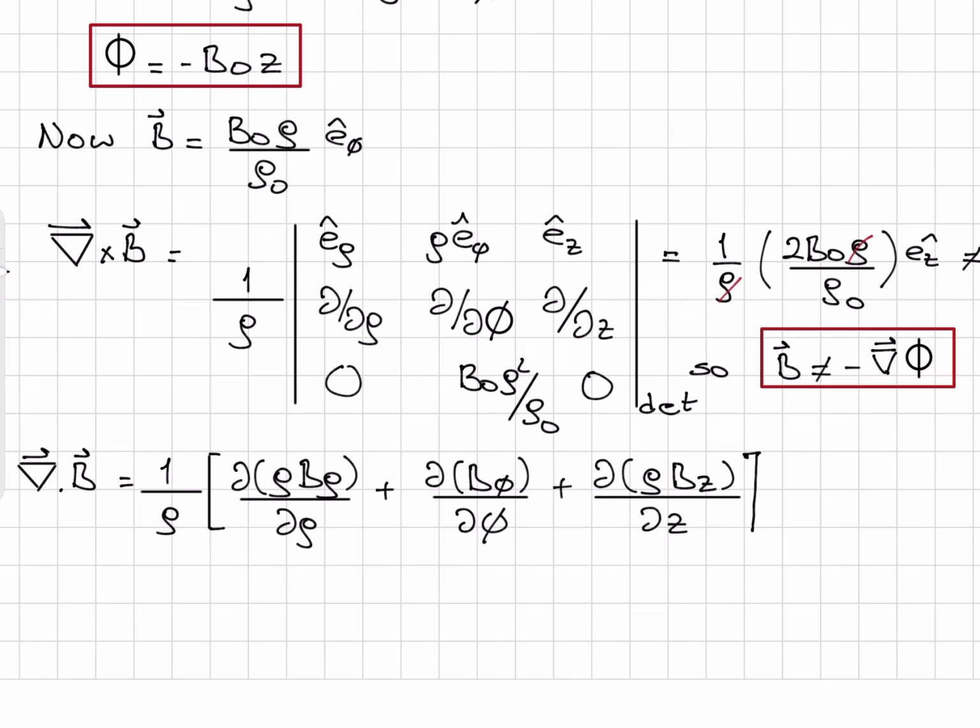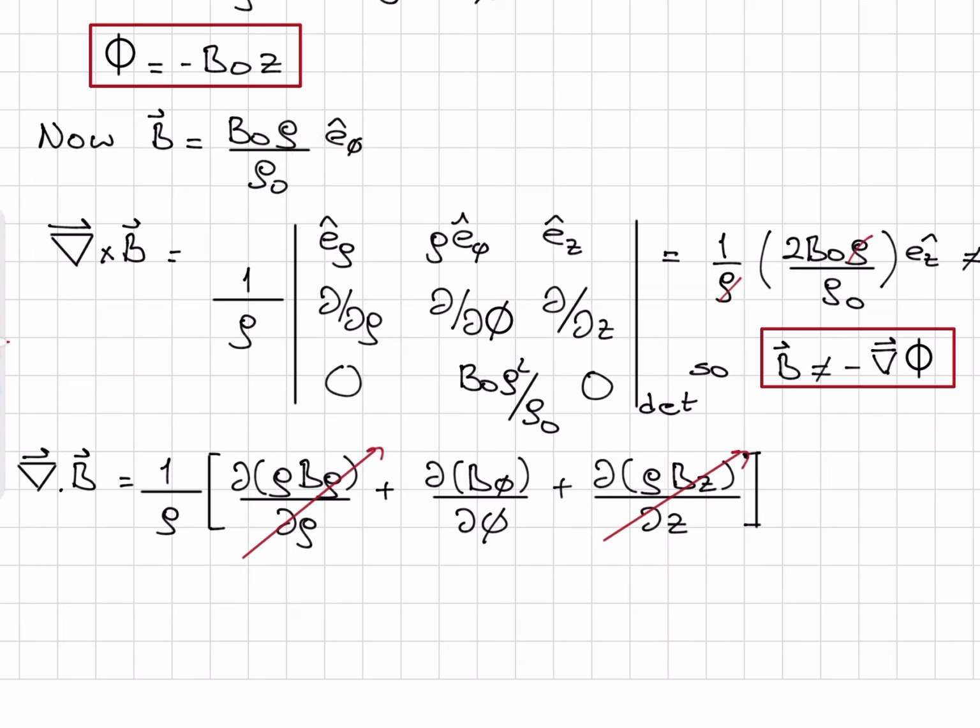Okay, so first of all, B rho is 0. Therefore, I'm going to get a 0 for this one. And B z is 0, so I'm going to get a 0 for this one. And when I look at B phi, which is B0 rho over rho 0, there is no phi dependence.